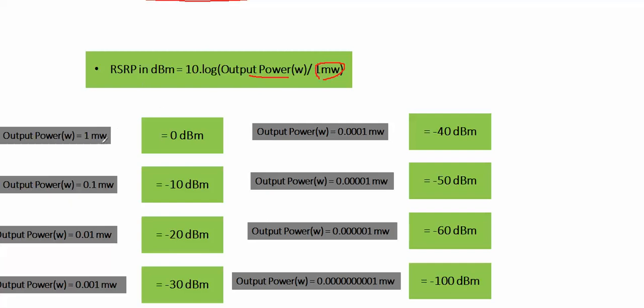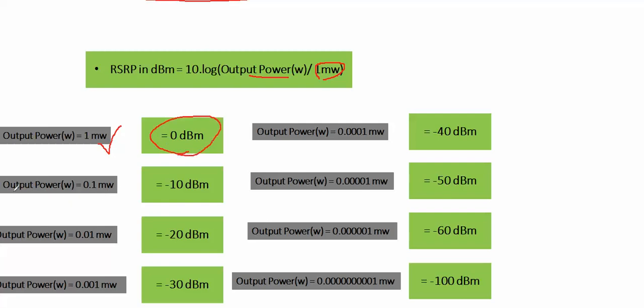Suppose the output power is 1 milliwatt and the input power is also 1 milliwatt. Dividing gives 1, and log 1 is equal to 0, so 0 dBm.